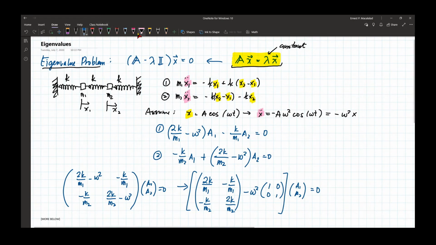So here, what we have is a, is this one.